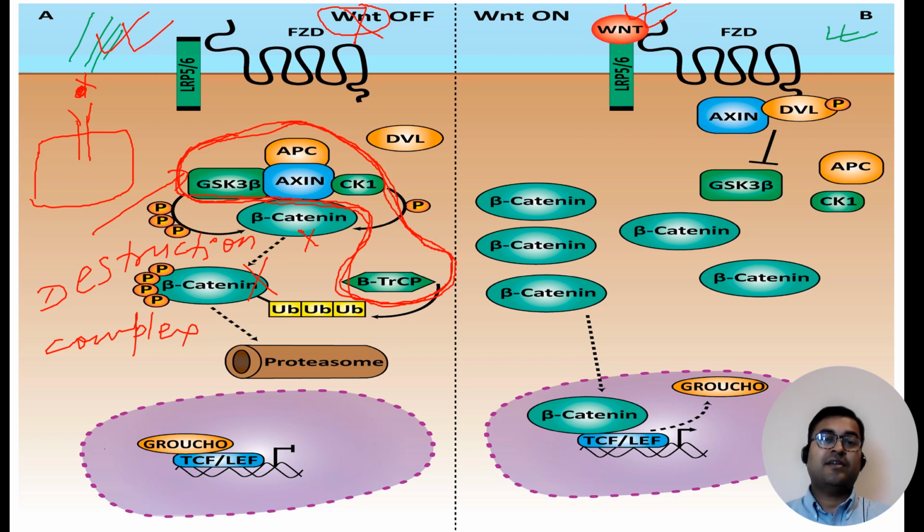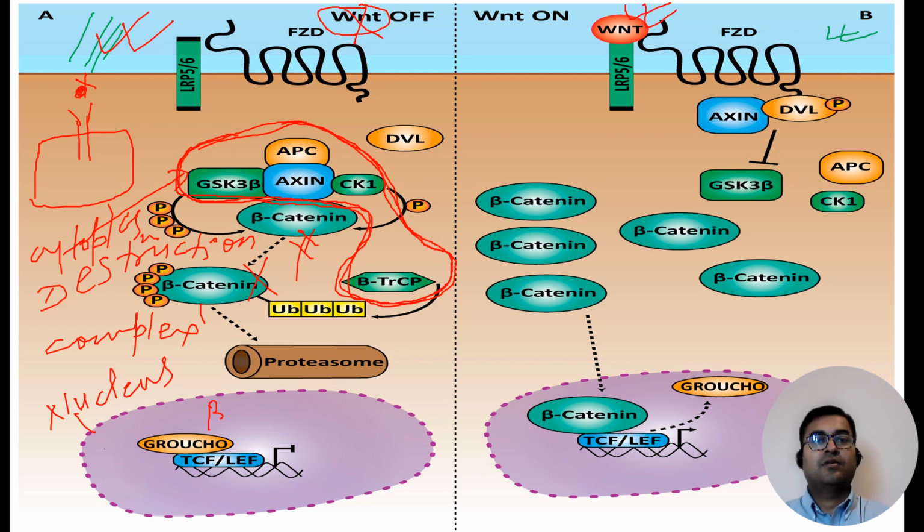This beta-Catenin is one of the main players in this Wnt signaling pathway. So when this destruction complex destroys this beta-Catenin, there is no free beta-Catenin inside the nucleus. This one is the nucleus, and this one is the cytoplasm. So this looks very simple.